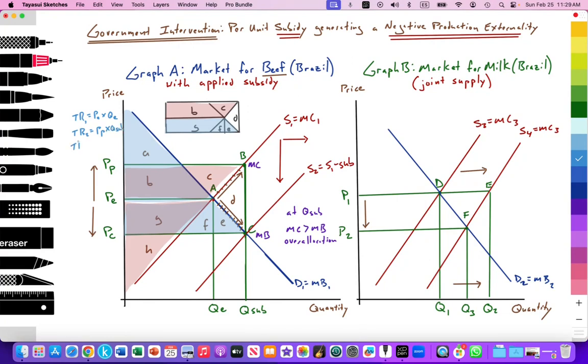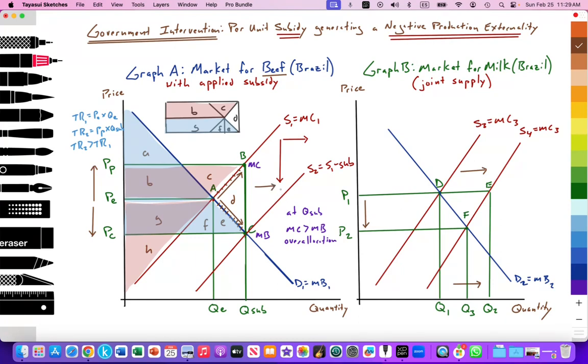So total revenue 2 is greater than total revenue 1. So it's another reason why farmers in Brazil are better off with the subsidy from their point of view. But we have this welfare loss of area D. So the Brazilian government has subsidized farming, and it provides these benefits to consumers and producers.